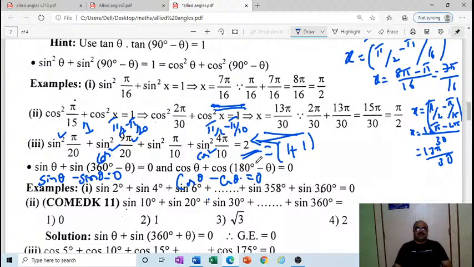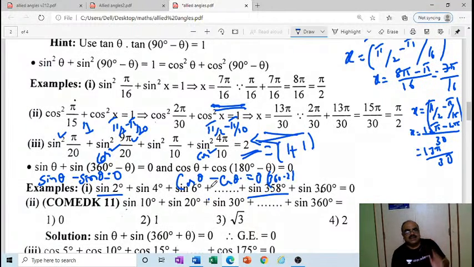Let me take an example here. Sin 2 plus sin 4 plus sin 6 up to sin 358 and sin 360. The answer needs to be 0. See friends, sin 2 and sin 358, 360 minus 2. Sin 4 and sin 356. Sin 6 and sin 354.